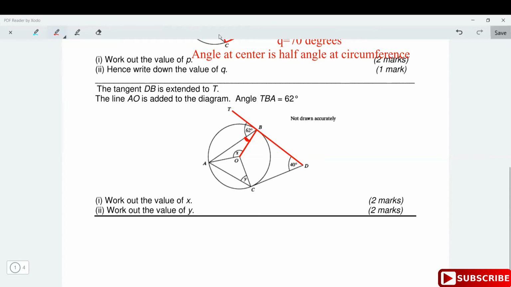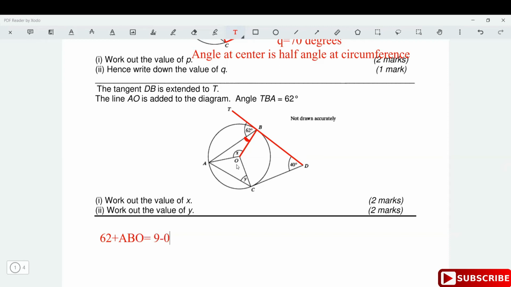All right. So we know that 62 plus that angle, angle ABO, equals 90, since the angle between tangent and radius is 90.